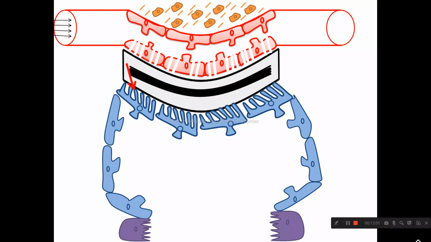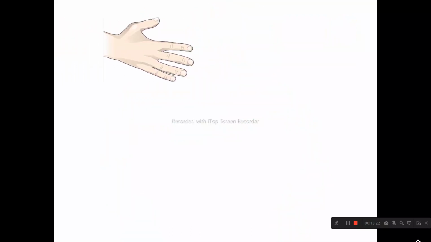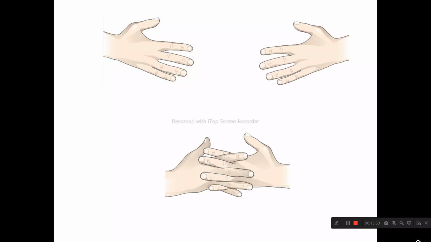With the tip of these foot processes, these cells are attached to the glomerular basement membrane, and these processes not only help to hold on to the basement membrane, they even interdigitate with one another and with the next cells. Suppose these fingers are like digits. This is a visceral epithelial cell and the fingers are the digits. So the foot process of one cell will be interdigitating with the foot process of another cell.